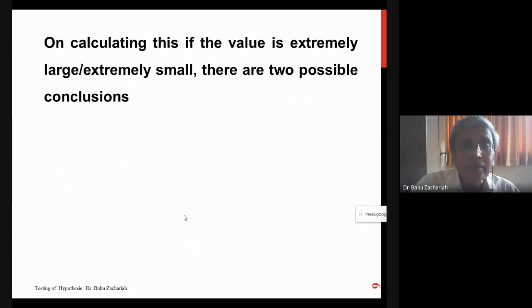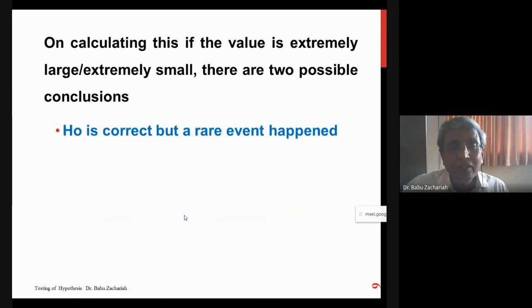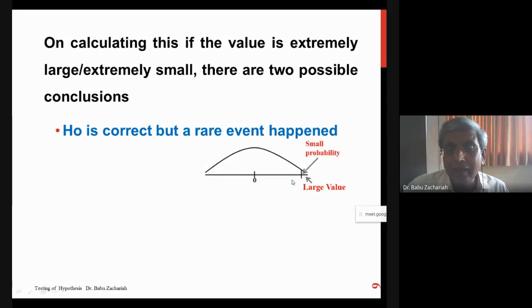On calculating this, if the value is extremely large or extremely small, there are two possible conclusions. One, H0 is correct, but a rare event happened. Look at this: a large value will come to the right end, and that chance is very small. The area is small there.